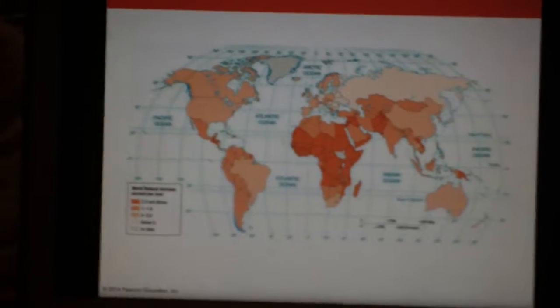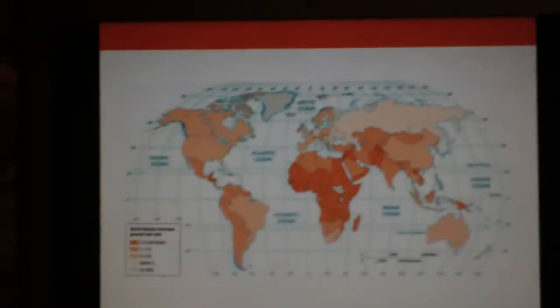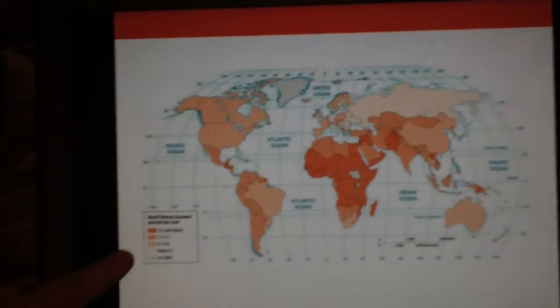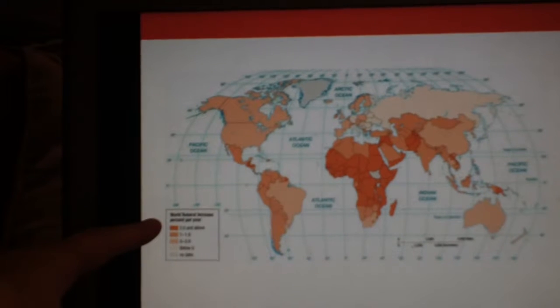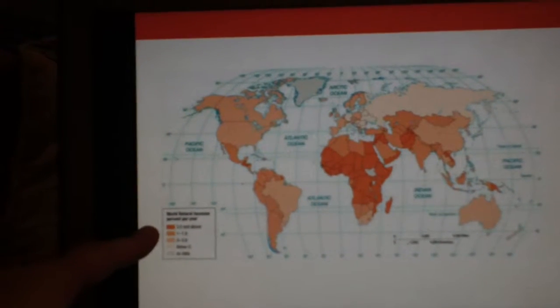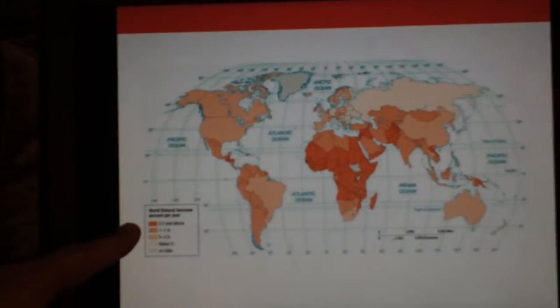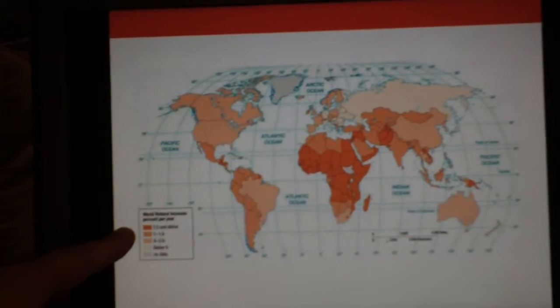Okay, so the legend on this map tells us the world natural increase percentage per year. The darker the country, the higher the natural increase.